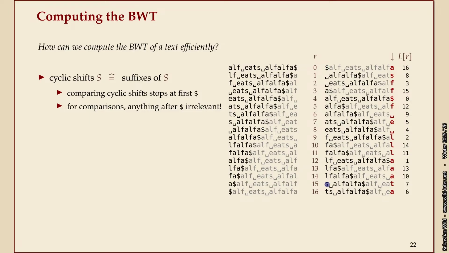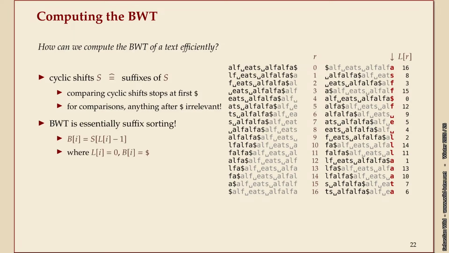So that means if you sort the suffixes, these cyclic shifts are just a kind of baggage you're dragging around, but they don't influence the sort order. In particular, you can reconstruct the Burrows-Wheeler transform just from the suffix array. If you have the suffix array, then the ith character in the Burrows-Wheeler transform is obtained by taking whatever the ith suffix is, but then the previous character, because again, this is wraparound, right?